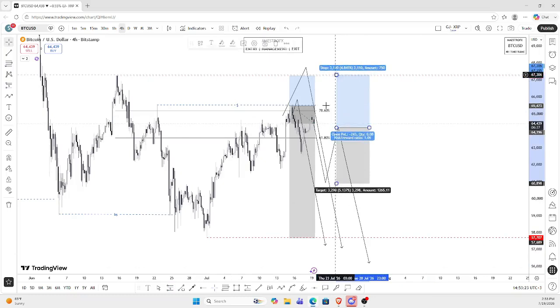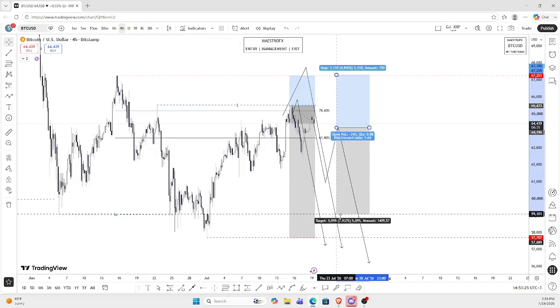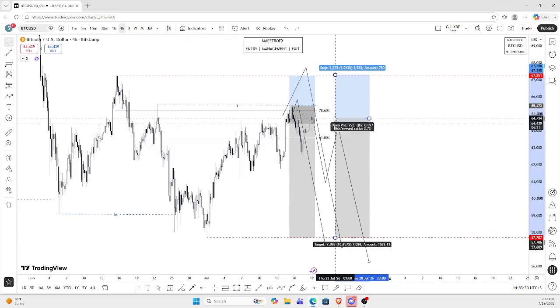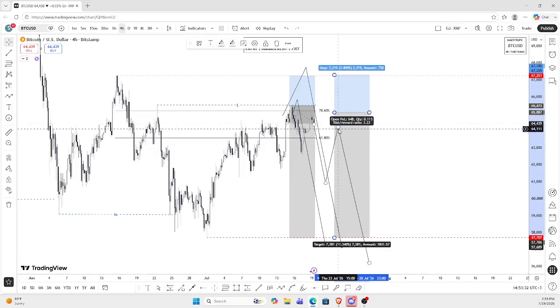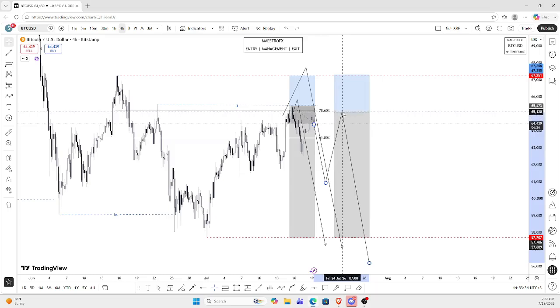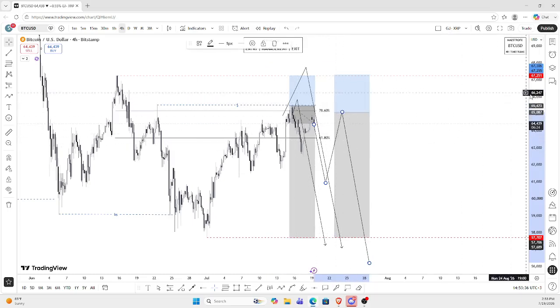This is the same setup. One is an aggressive entry and the other one is a more conservative entry with a confirmation. This is just one setup.